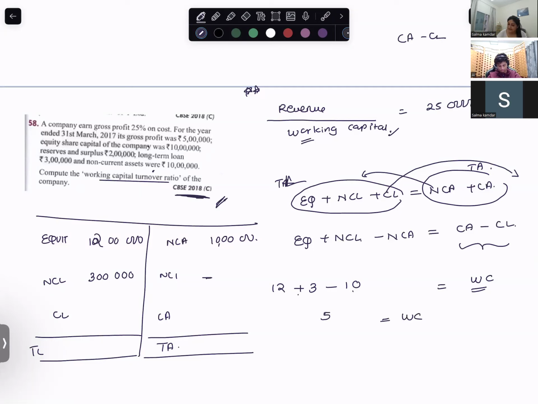So working capital is 5 lakhs. 5 ones are 5 and 5 fives are 25. So working capital turnover ratio will be 5 times. Please do this.